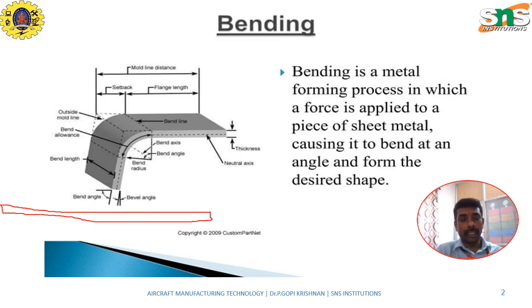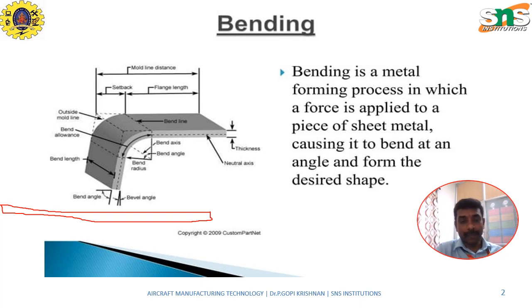And even after bending you cannot get the exact 90-degree angle, so you get some angle that gets reduced due to the physical property of the material. That small angle is taken as the bevel angle. For instance, if you are planning to bend the sheet metal to 90 degrees, and even if you have the dies, punches and ram for 90-degree bending, after bending, due to its elastic nature, the bending will not occur to 100 percent of 90 degrees.